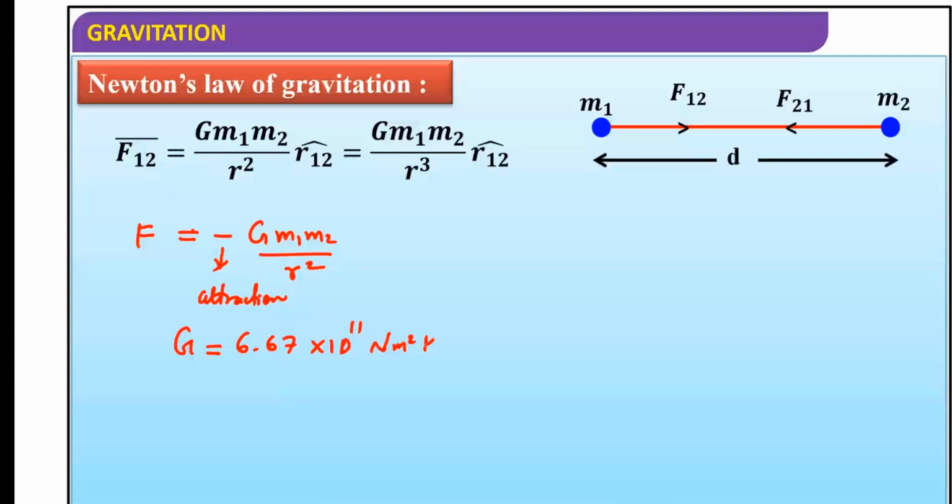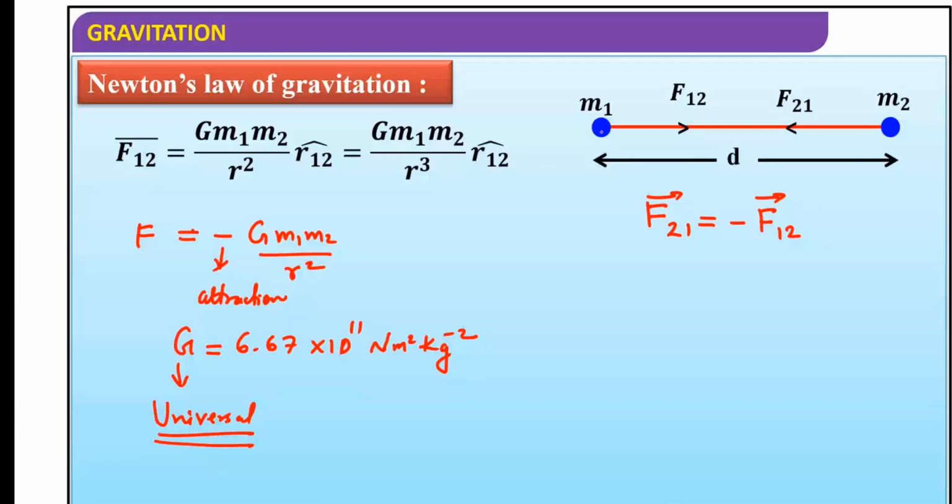Universal means its value will be the same throughout the universe. So this was Newton's law of gravitation, and it follows Newton's third law. Every action has a reaction, the same in magnitude, opposite in direction, and action and reaction take place on two different objects simultaneously.